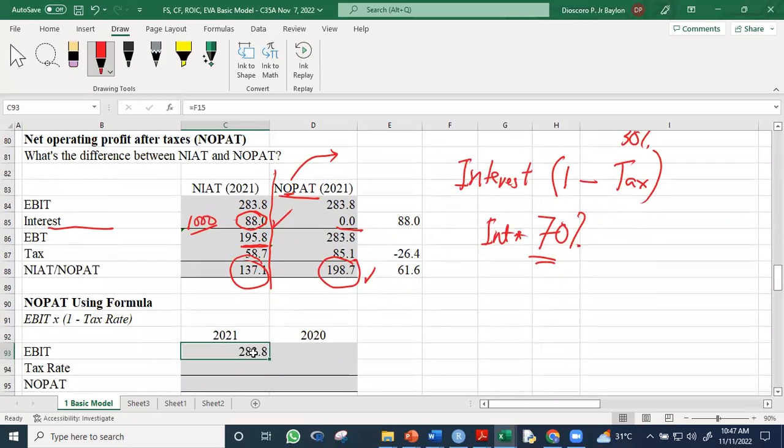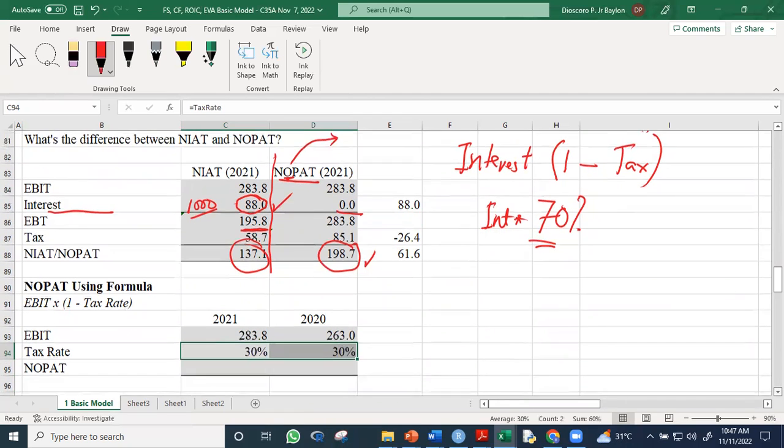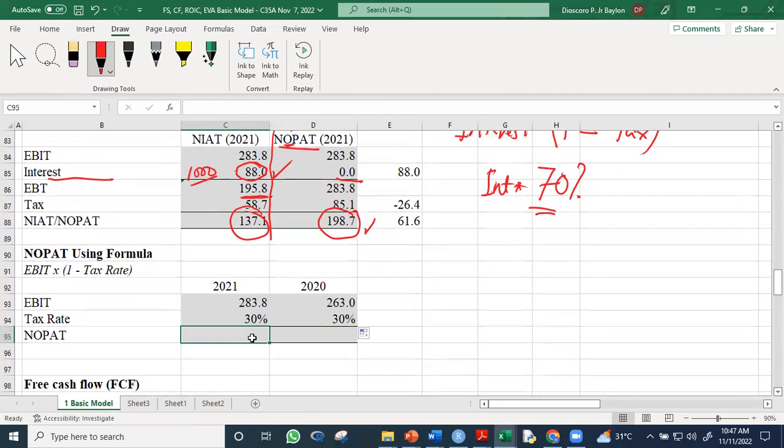Then we can just copy that to 2020. And our tax rate is both equal to the tax rate. Same thing for 2020. So our NOPAT will be equal to EBIT times 1 minus your tax rate.